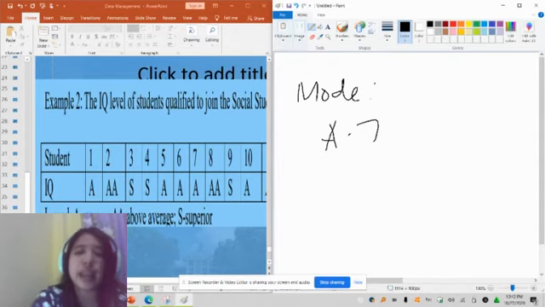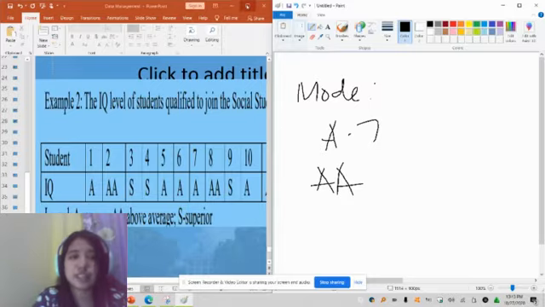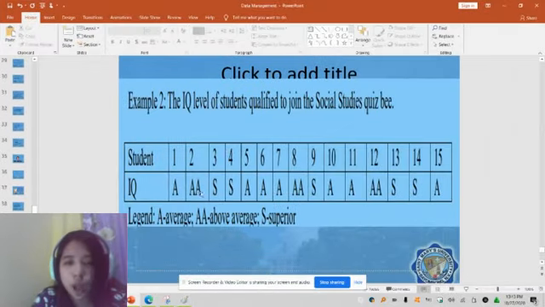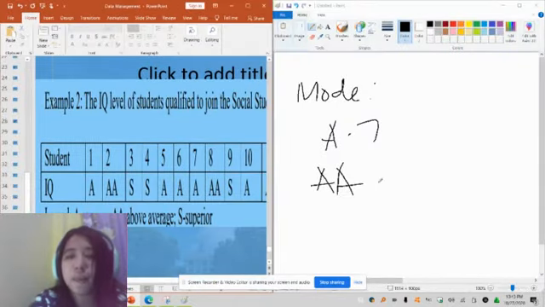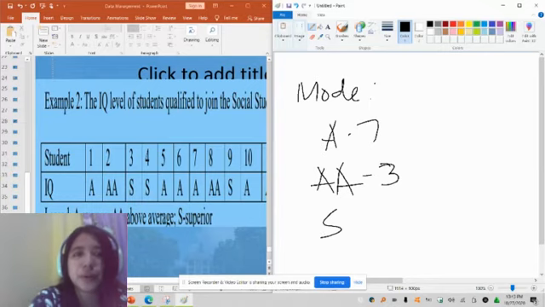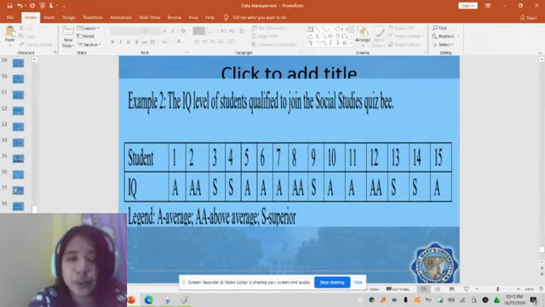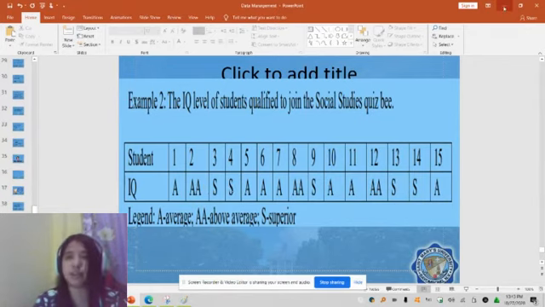And AA, above average, let us go back again: 1, 2, 3. So we have 3 above average. And for superior, let us count: 1, 2, 3, 4, 5.